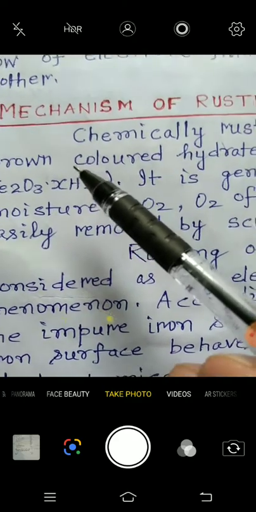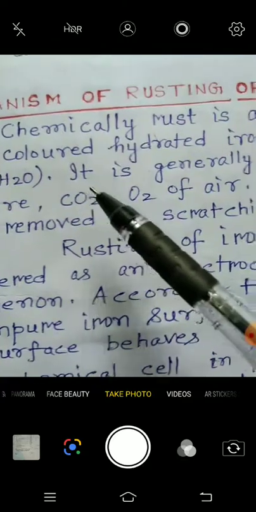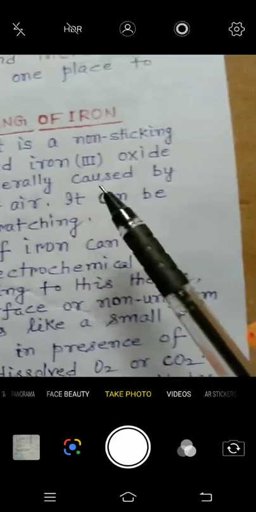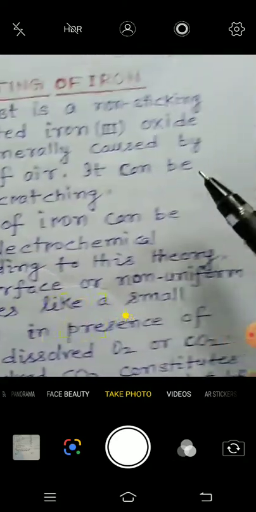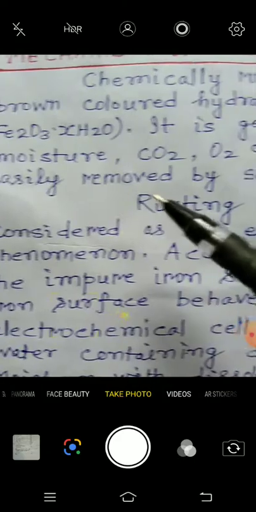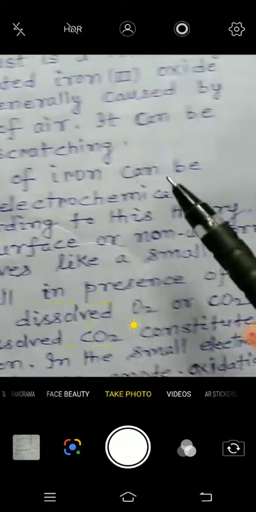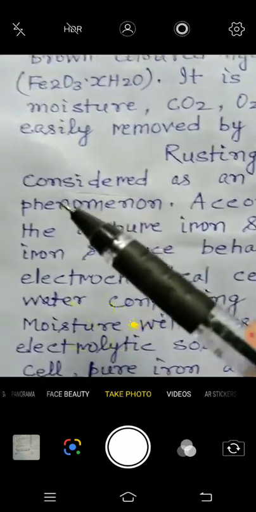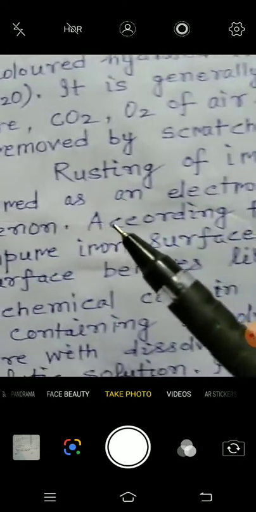It depends upon the season. It is generally caused by moisture, CO2, and O2 of air. It can be easily removed by scratching. Rusting of iron can be considered as an electrochemical phenomenon.